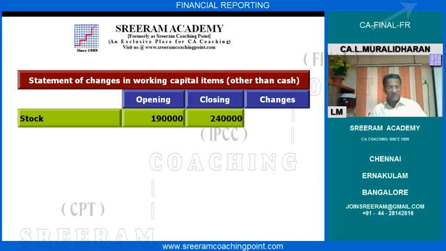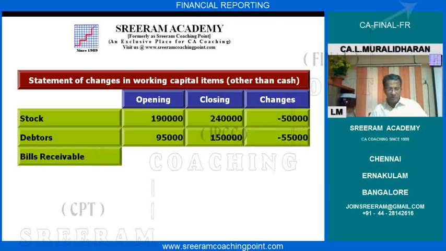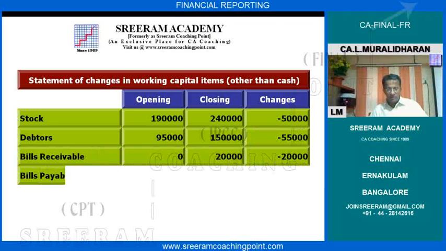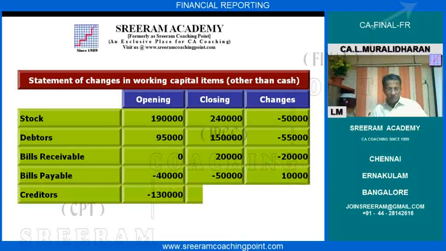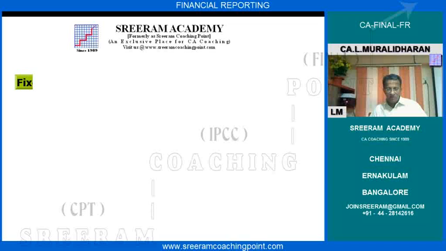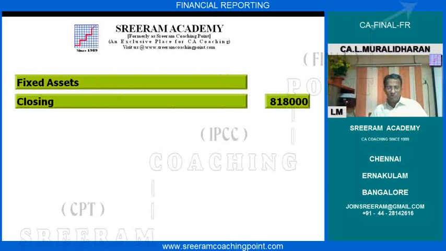The difference increases on account of stock. Stock increase should be considered as an outflow. Debtors increase, outflow, and bills receivable increase, outflow. Bills payable increase, inflow. Creditors increase, inflow.